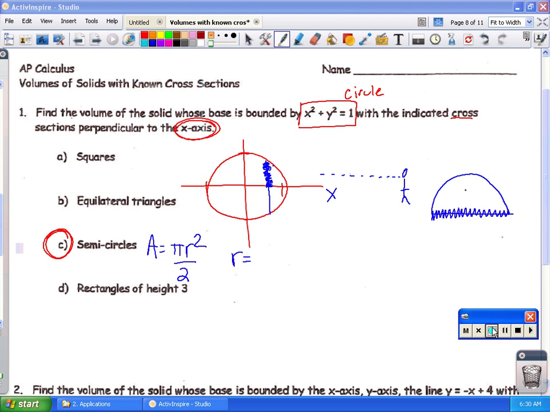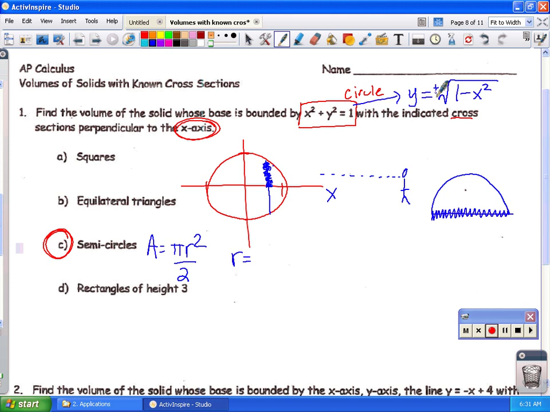Now, since this equation is x squared plus y squared equals 1, I need to be in terms of x, so I need to solve this equation for y. If I solve the equation for y, I'll get y equals the square root of 1 minus x squared.